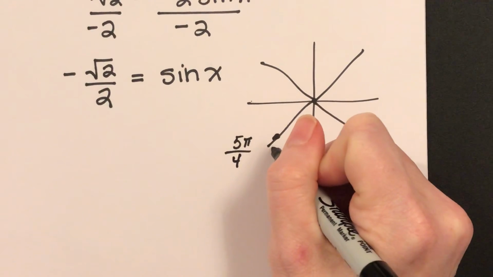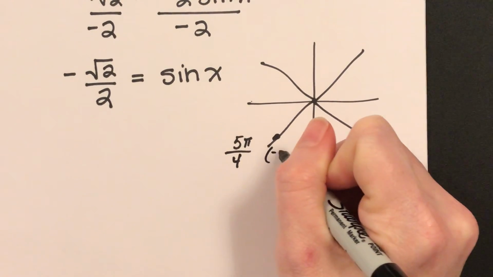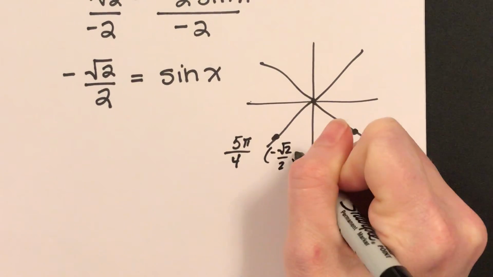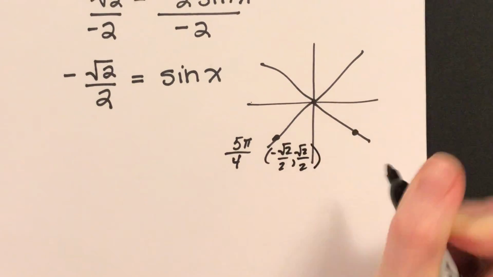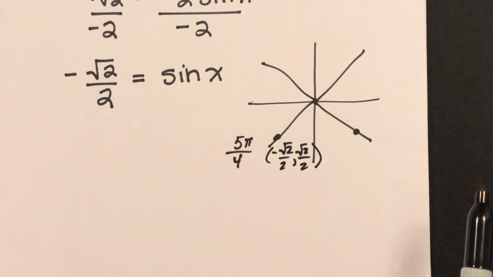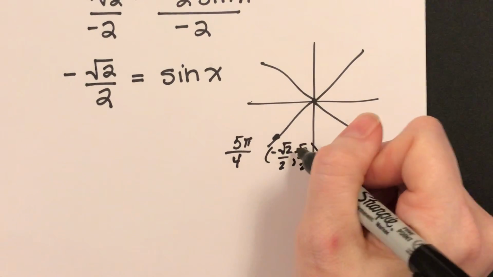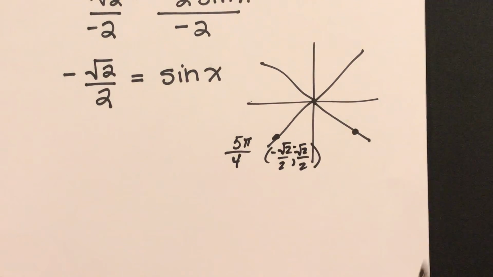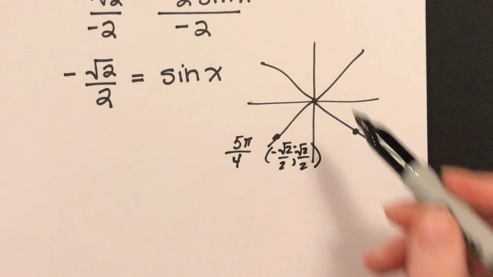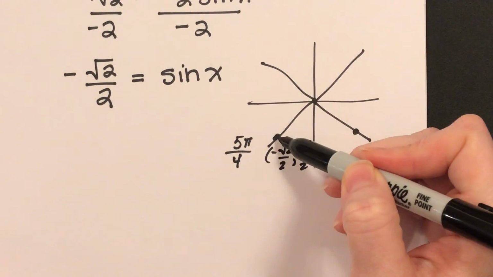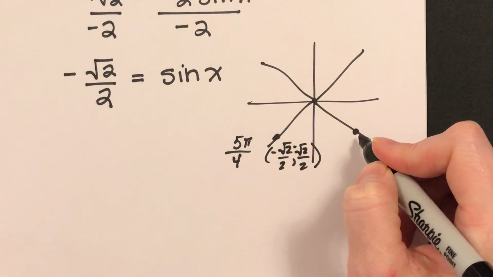This point is negative square root of 2 over 2, square root of 2 over 2, right? So here, oh, sorry, my bad. That one's also negative. So here we have a negative square root of 2 over 2.